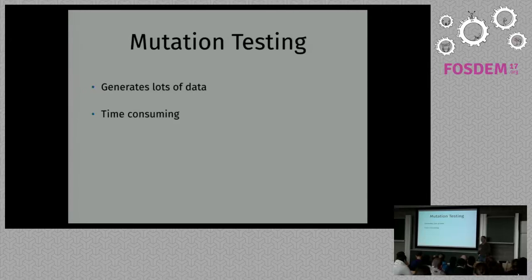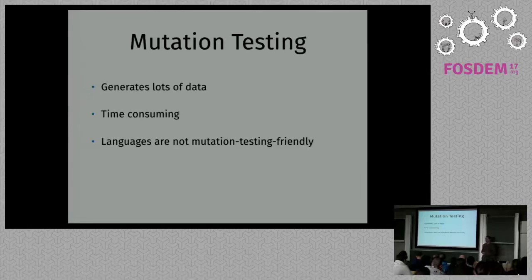Second, it's time consuming. Because we have lots of data, we need to process it and execute it, which takes quite a lot of time. Not all languages are friendly for mutation testing. I think it's easier for languages like Ruby or JavaScript, because you have eval and, well, YOLO.